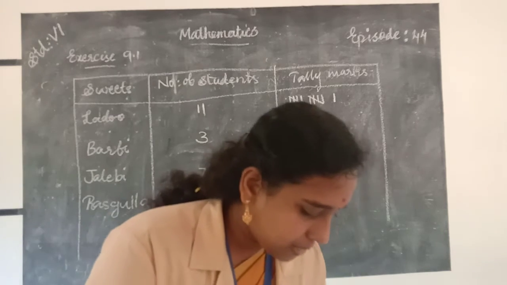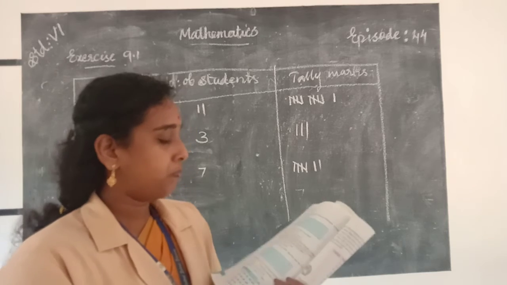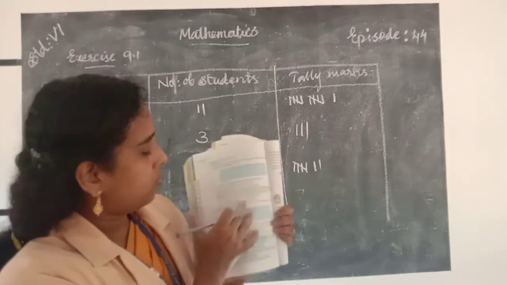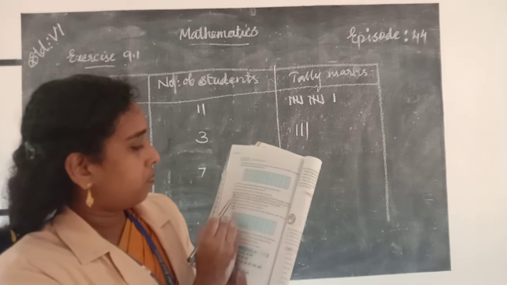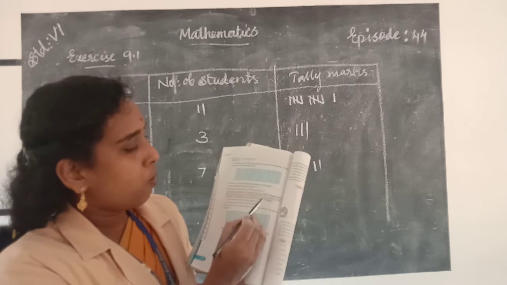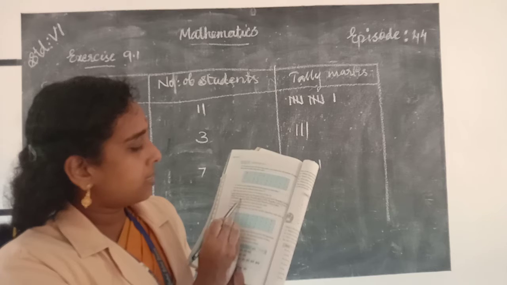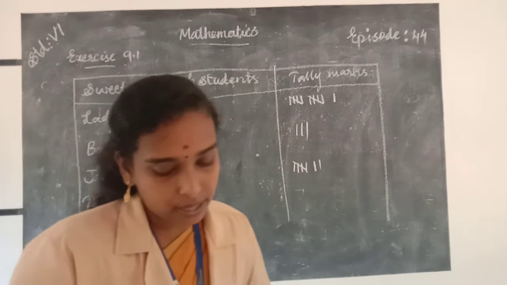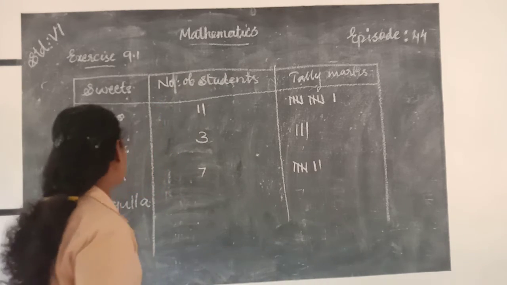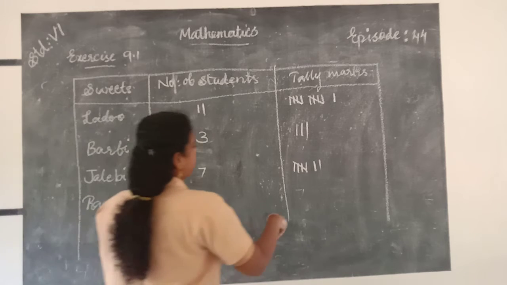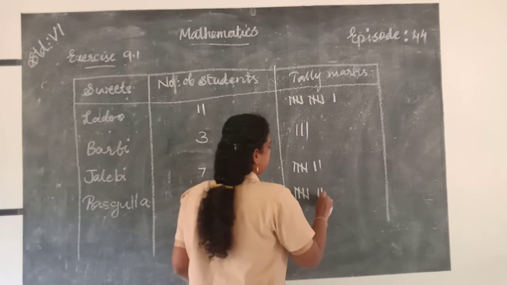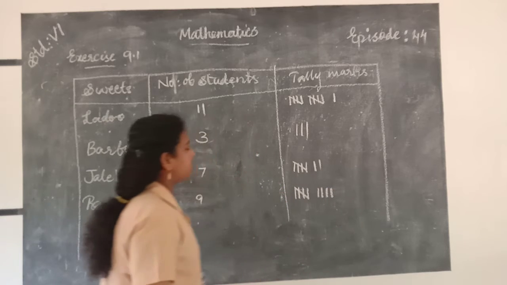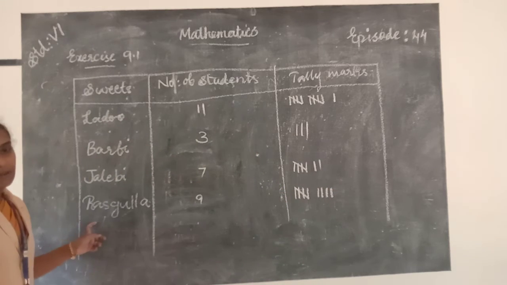How many students chose rasgulla? 1, 2, 3, 4, 5, 6, 7, 8, 9. So 9 students chose rasgulla, and we write 9 tally marks.